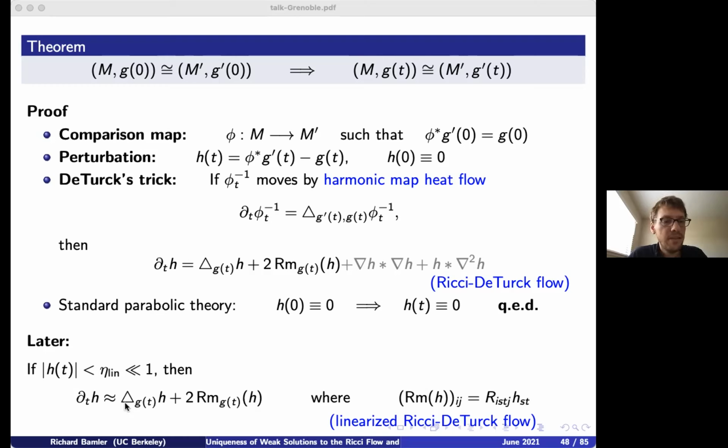Okay? So this is just the connection Laplacian, and Rm applied to h is just the obvious contraction of the curvature tensor with a symmetric 0-2 tensor.